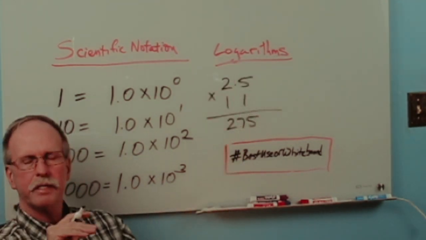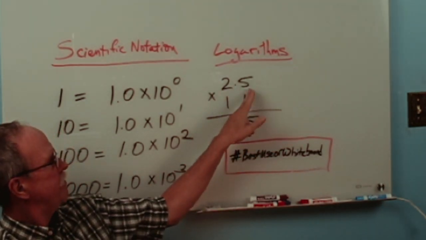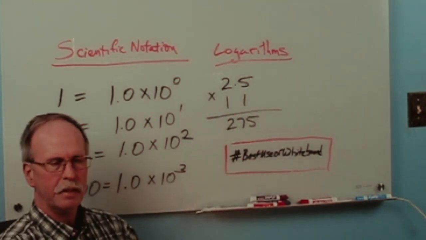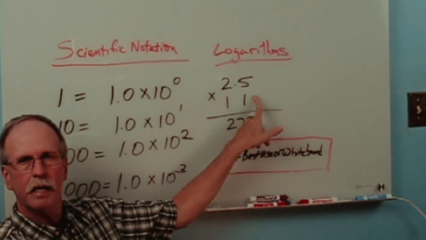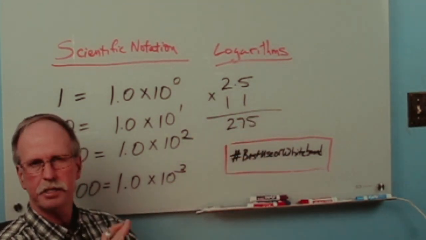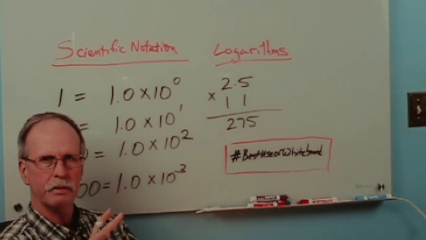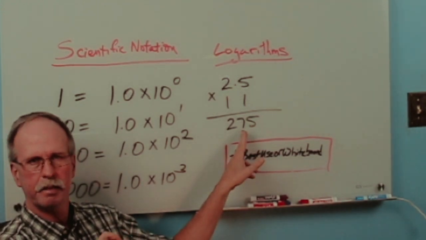Now, here's where the significant digits come into play. Say we've got 2 numbers, 2.5 and 11. 2.5 has 2 significant digits. 11 has 2 significant digits. So since the maximum number of significant digits that we're working with is 2, can we be confident in a 3 significant digit number?